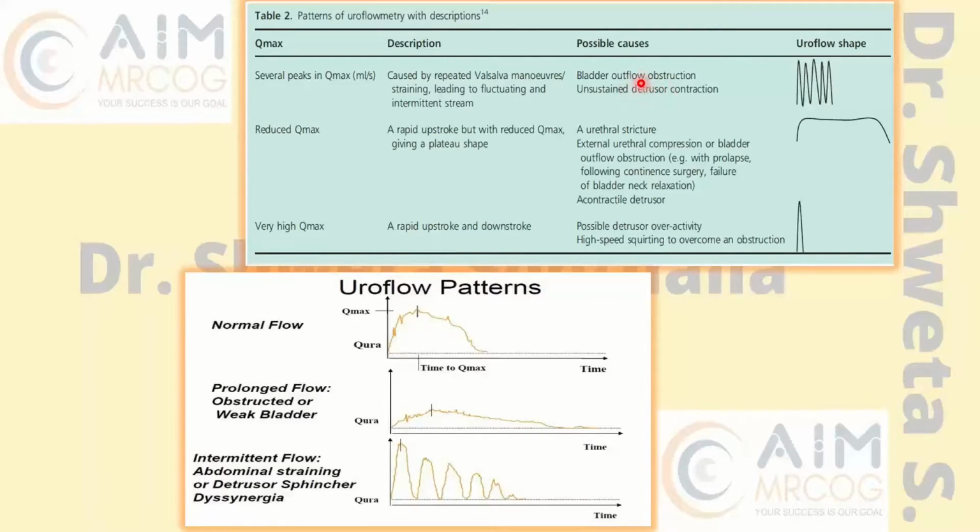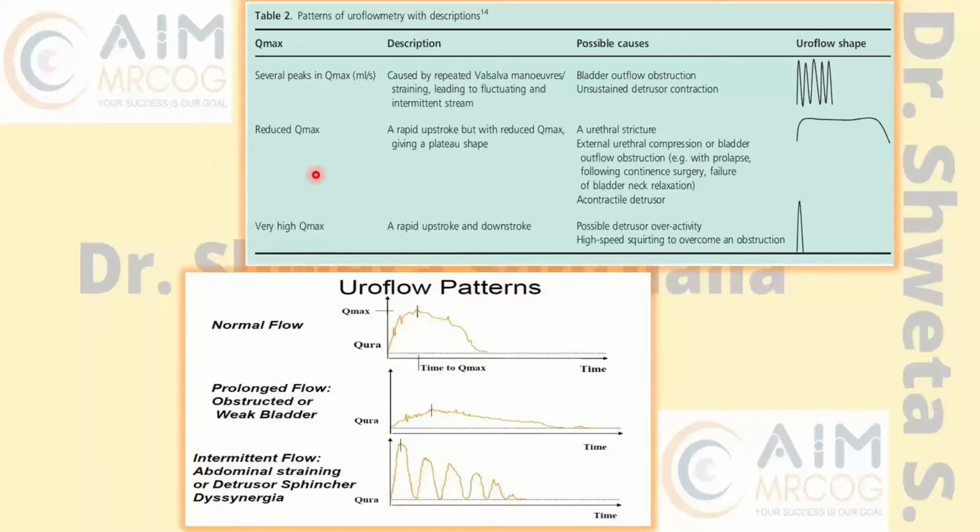Either outside obstruction, which is not allowing the urine to flow smoothly, or inside dysfunction of the contraction, which is not allowing the urine to pass smoothly. So that's why you are getting multiple peaks. If you see multiple peaks, you have to choose in the options either outflow obstruction, which could be prolapse, stricture, or anything, or there could be abnormality in the contraction. So there will be several peaks like this.